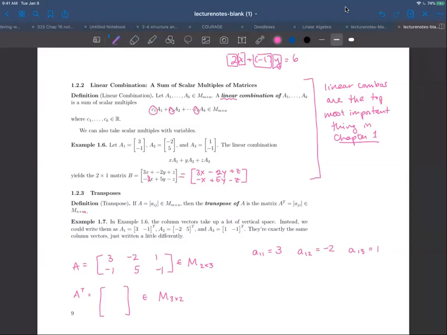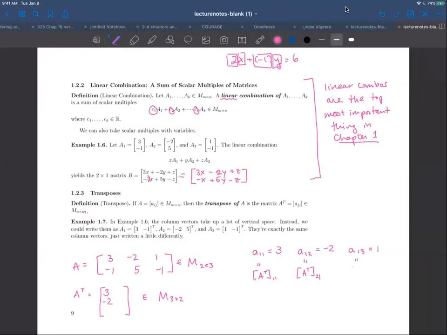In my transpose matrix, A11 stays put: I switch 1 and 1 and I get 1,1, so I get a 3 there. And A12 is going to be the 2,1 entry of A transpose, which means it's the second row, first column. So I get a -2.